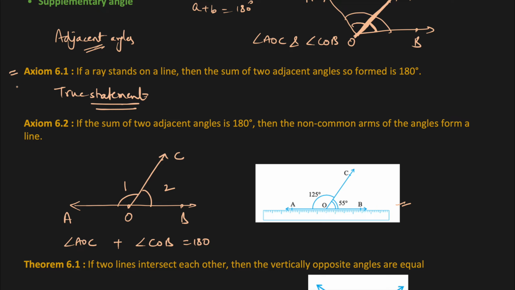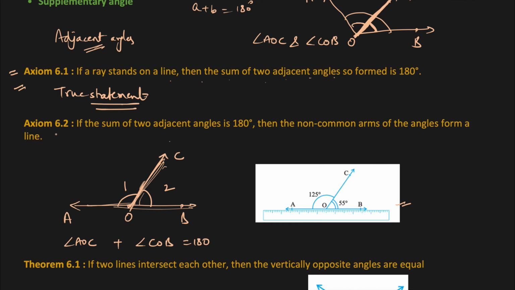That is what this first axiom 6.1 is saying: if a ray OC is standing on line AB, then the sum of the two adjacent angles, because OC is a common arm, so AOC plus COB is 180 degrees. Okay, that's the first axiom. Very true, you people know it from the beginning. I think you would have done it in 6th standard, right?